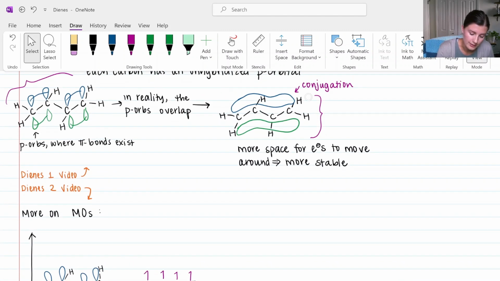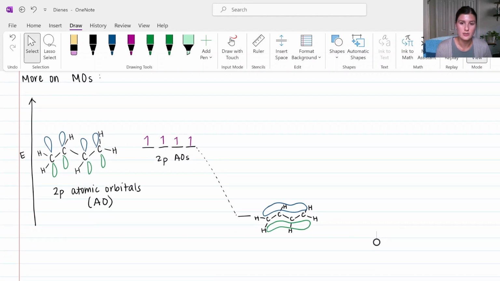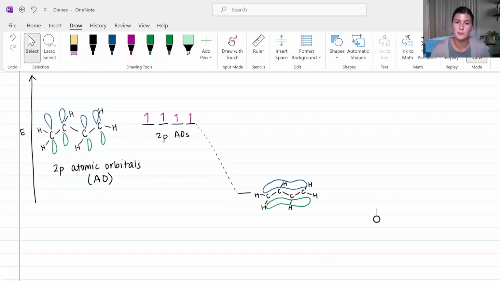I'll just go ahead and do that now, and you can redraw this in your notes. This representation has the lowest energy of all of the possible molecular orbitals. That's because we have the best overlap of the p orbitals.